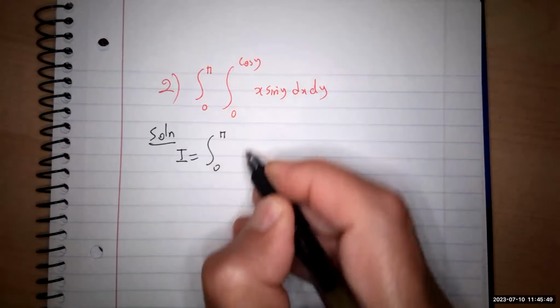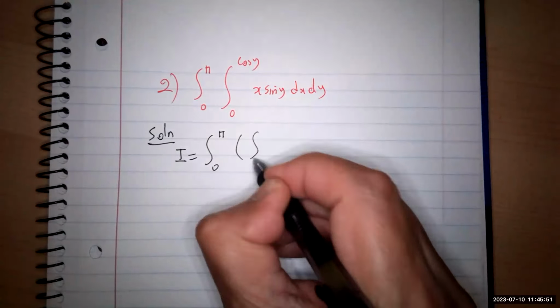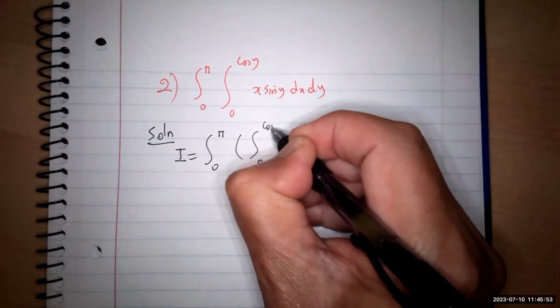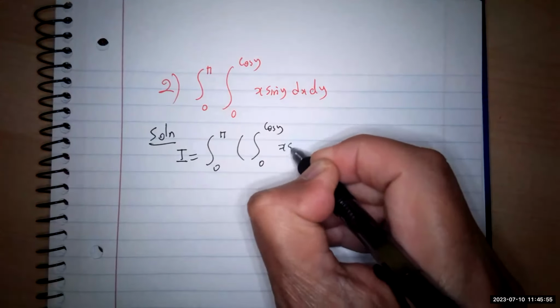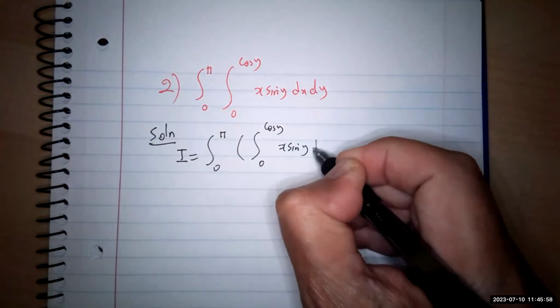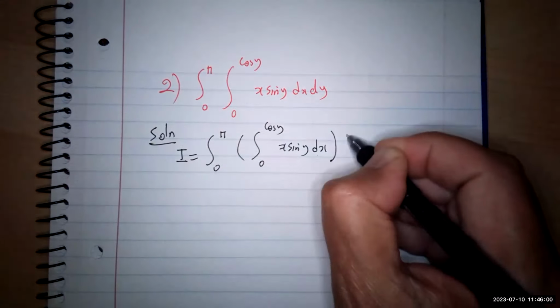So this is the way I'm going to operate. I keep the 0 to pi, and then I have to do this one first. Again, you can do it right away. That's going to be x sine of y dx, and when we're done, dy.